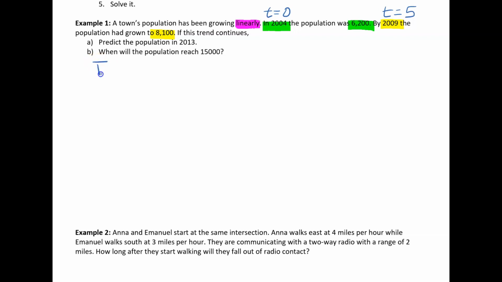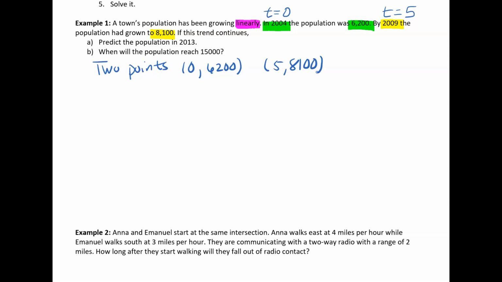So right here, I can see that we have 2 points. Those 2 points are (0, 6,200) and (5, 8,100). If this trend continues, we need to figure out what's going on. So I'm going to take my 2 ordered pairs, and they've already said that it was growing linearly.